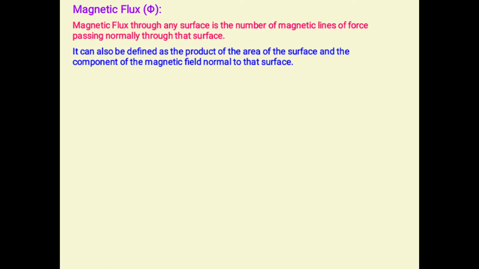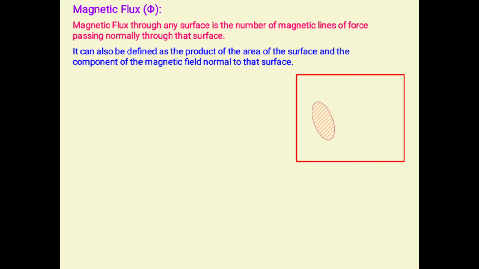It can also be defined as the product of the area of the surface and the component of the magnetic field normal to that surface. That means the component of the magnetic field normal means parallel to the area vector but at right angle to the surface itself. Now we can explain it in a more elaborated way.